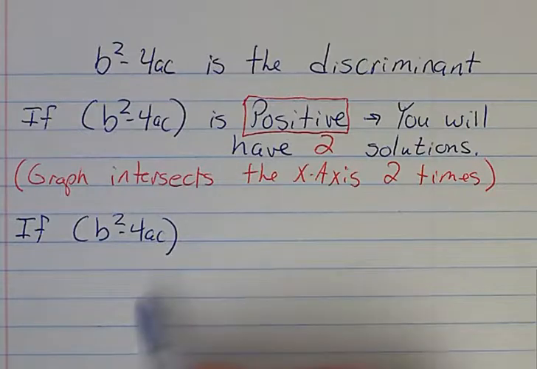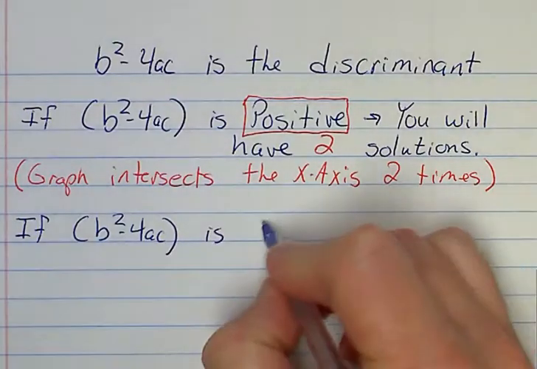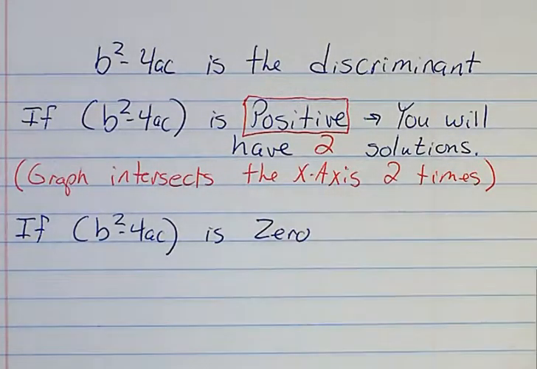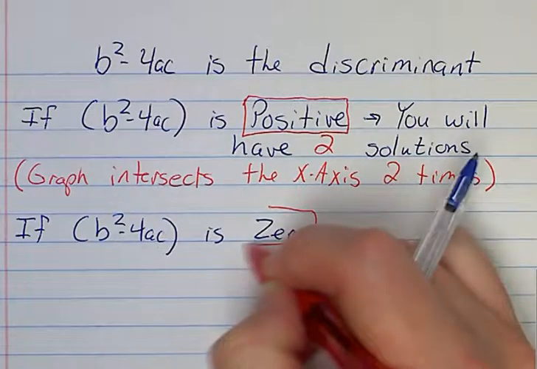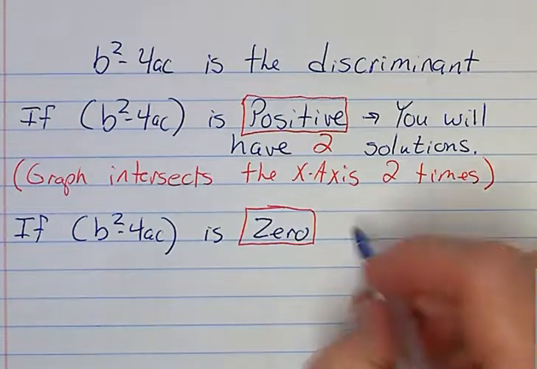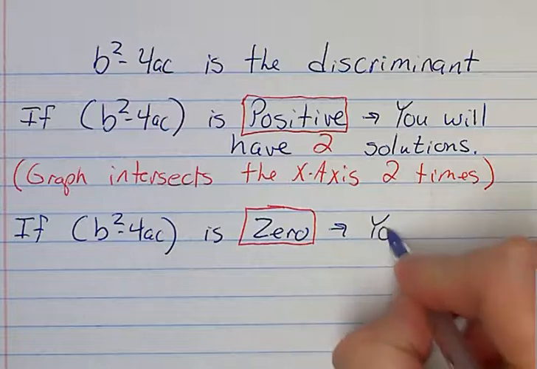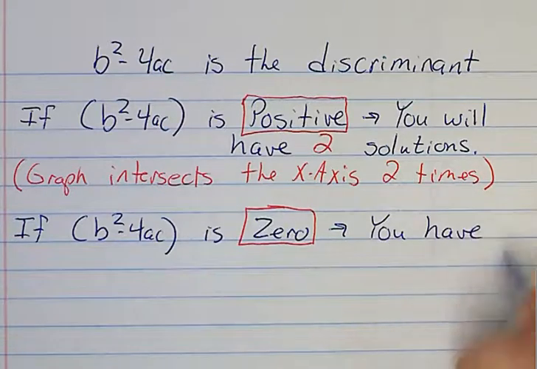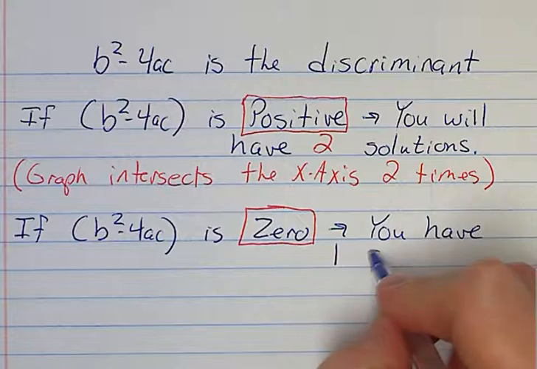If b squared minus 4ac, if you plug that in and that comes out to be 0, you only have one solution.